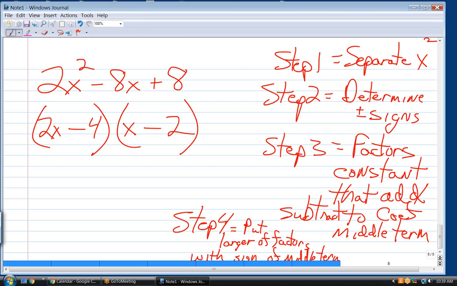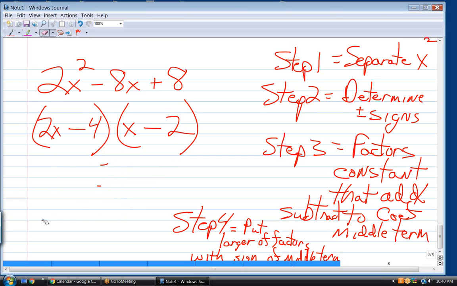In other words, I've got factors of 8. Do I produce the proper middle term? Well, let's see. Sometimes this isn't just a check. Sometimes this is a way to figure out the answer. I do produce the proper middle term. So this is correct. Okay?